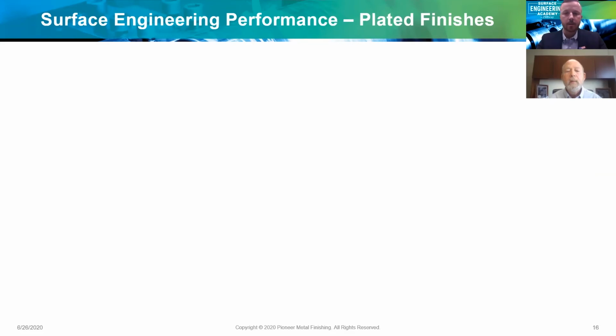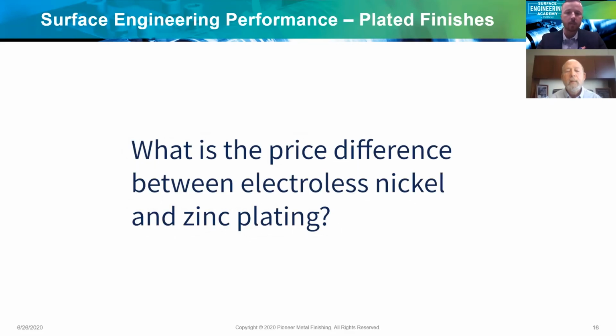And second question, thank you, Klaus. What's the price difference between Electroless Nickel and zinc plating? So David, I would think that in general, you have to look at a value there where zinc plating, mil square foot cost might be lower, but ultimately it has disadvantages when it comes to coverage, corrosion protection, wear.